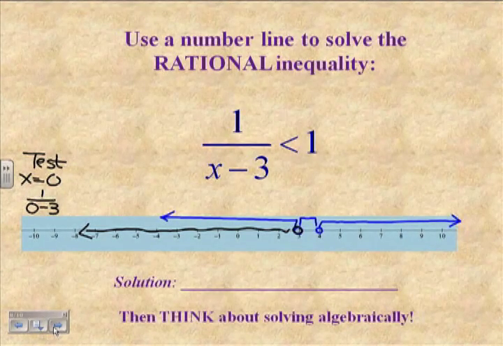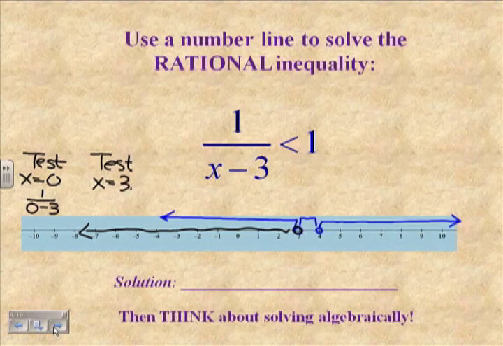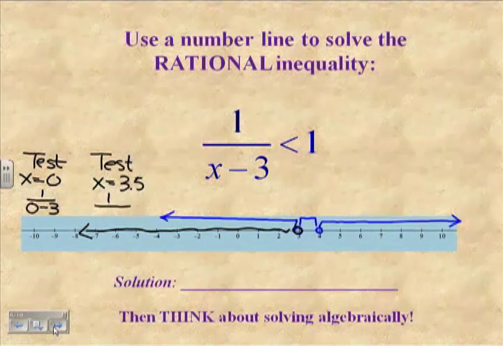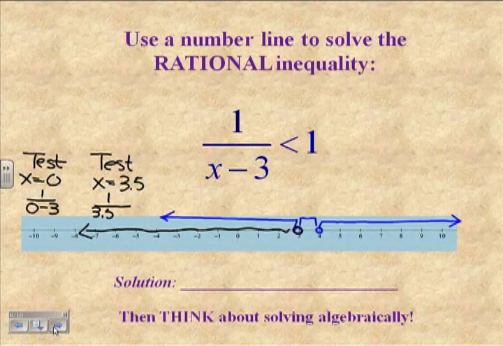This next one's a little annoying because you're like, what's between 3 and 4? Well, there's infinitely many numbers between 3 and 4, including pi. Pick whatever you like. Unfortunately, you're going to have to pick a non-integer. Let's take 3.5, just because that might make you feel a little bit more comfortable. 1 divided by 3.5 minus 3.